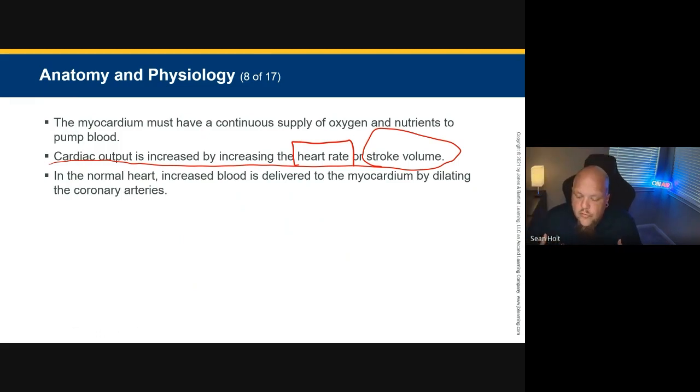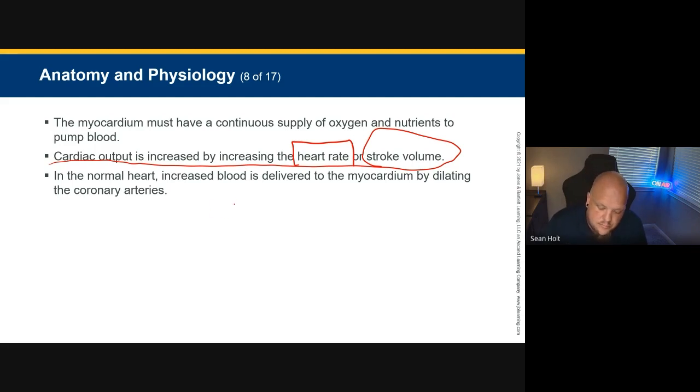Our stroke volume is effective or it's not effective. It's either going to create that distal pulse or our blood pressure is low. Okay, our blood pressure being something like 120 over 80 or 140 over 90. That's all adequate, right? That's enough blood pressure, right, to continue to perfuse our body effectively.